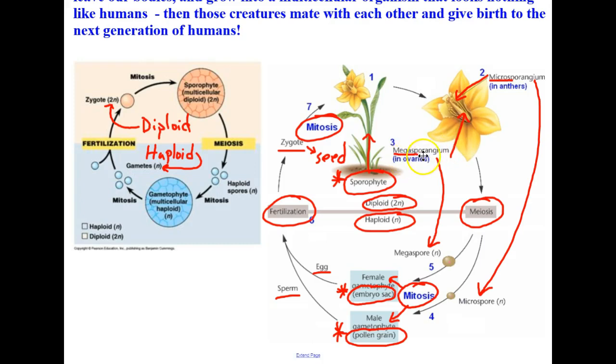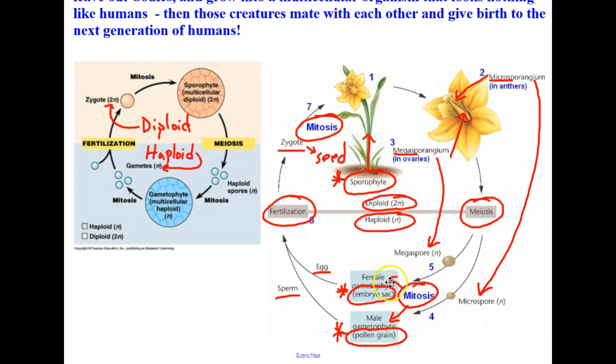And we have the megasporangium that are in the ovaries, which is in the pistil, which is the female reproductive organ in the flower. They undergo the process of meiosis, and the megasporangium becomes a megaspore, and the microsporangium becomes the microspore.